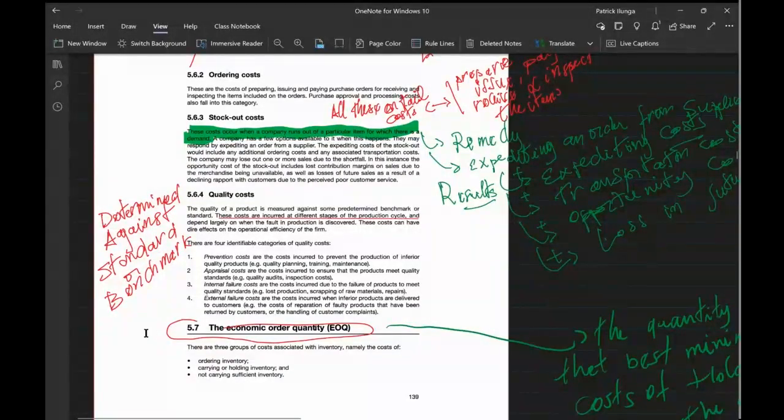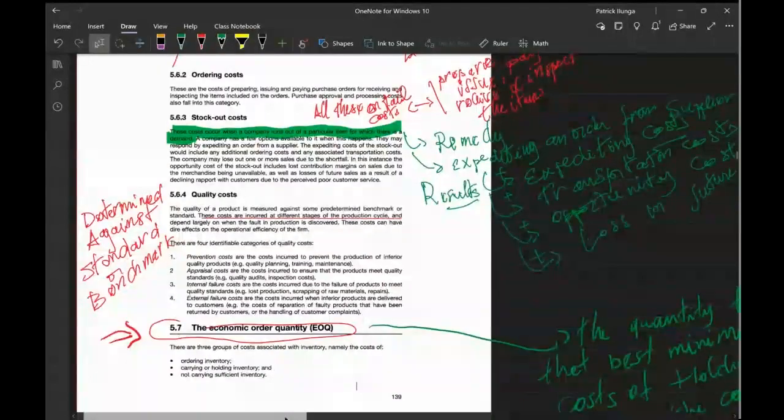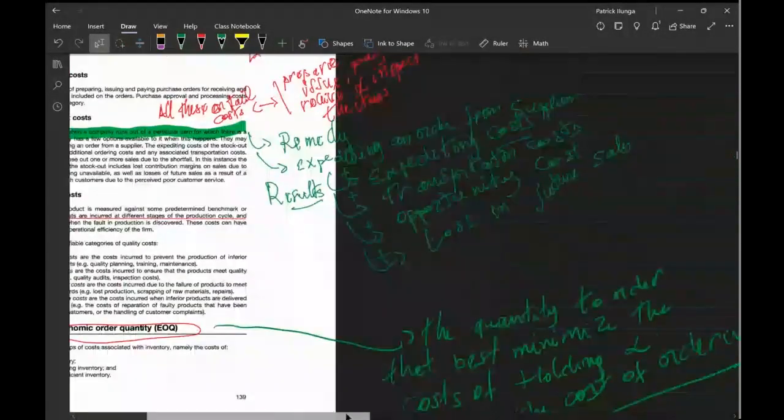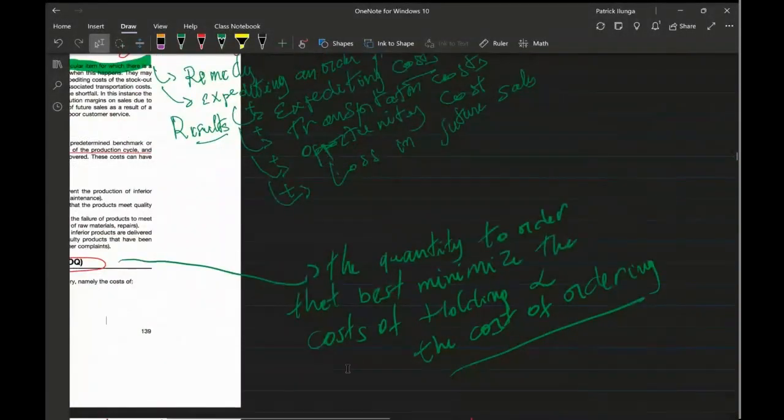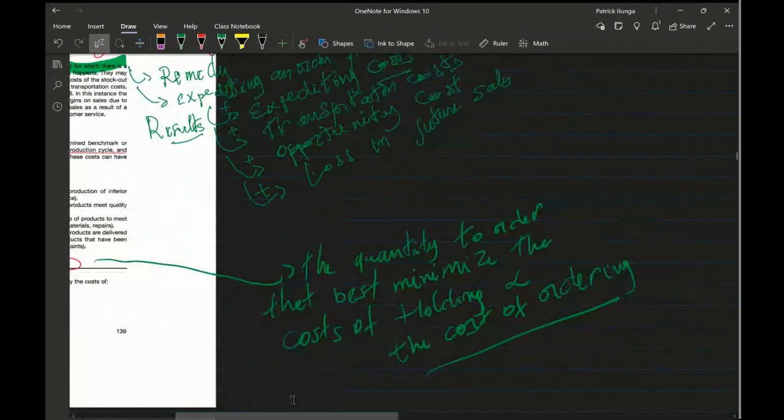Because they want you to understand this concept, which is called the economic order quantity. That's why they want you to know the ordering cost and the carrying or holding cost of inventory. So what is the economic order quantity?